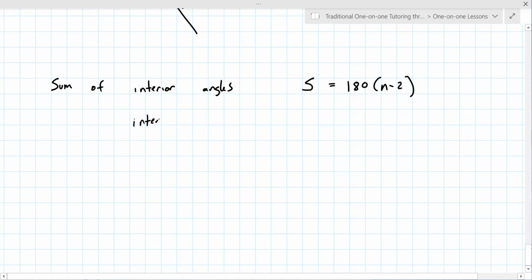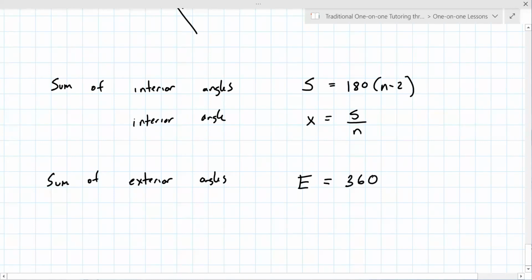The interior angle is the sum divided by the number of sides. The sum of the exterior angles, we'll call that E, is always 360.